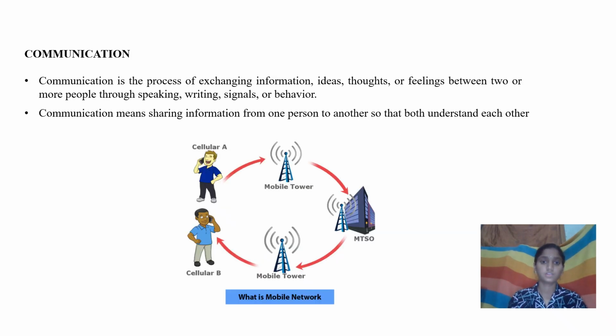Let's see what communication is. Communication is a process of exchanging information from one person to another person and also from one place to another place. In this diagram we can see how the communication passes from one person to another person through towers.